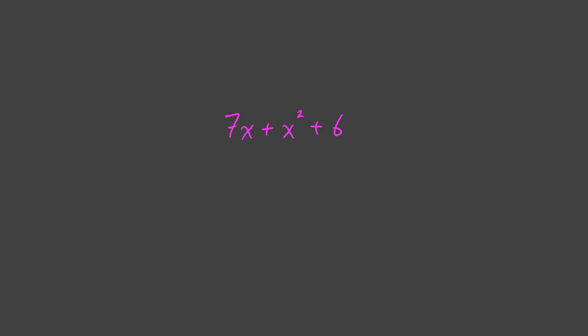7x plus x squared plus 6. Okay, well, c's in the right position, but bx and ax are not in the right position. So again, ax squared plus bx plus c. Alright, so let's rewrite that. It's going to be x squared, put our linear term next, 7x, and then our constant.